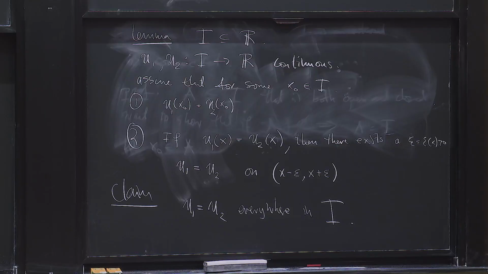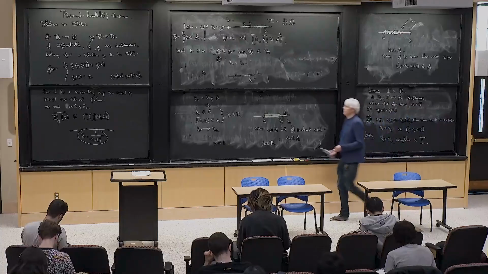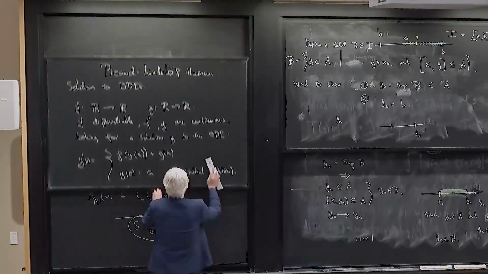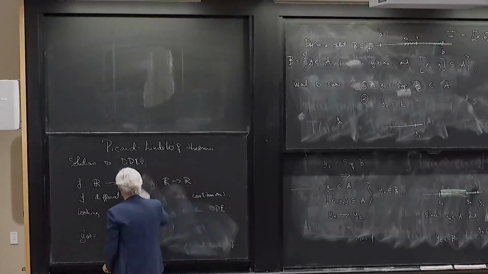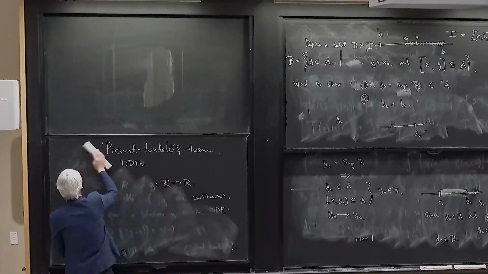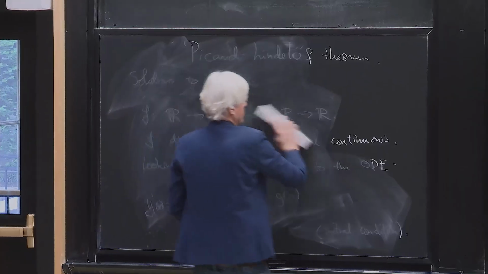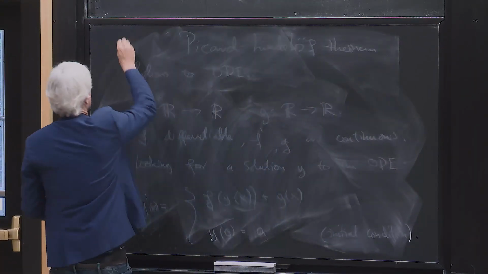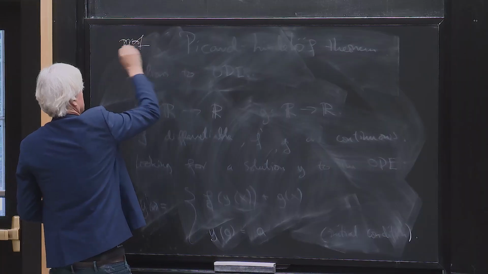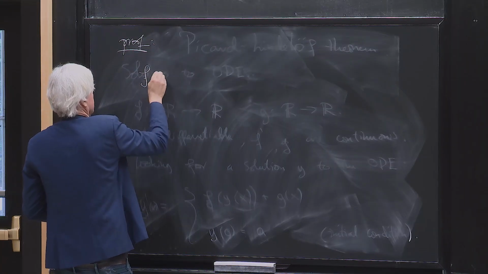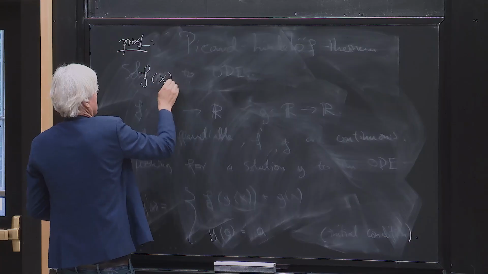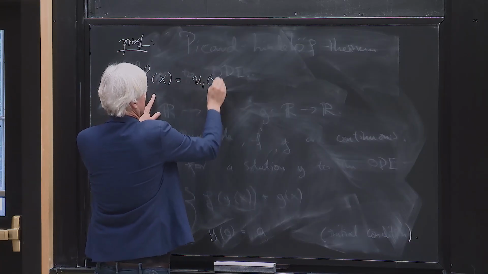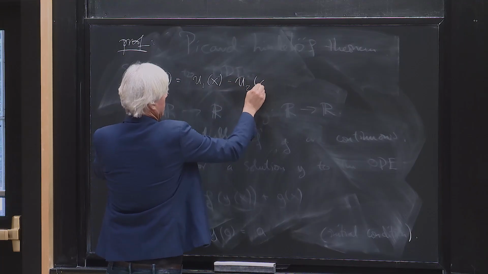Okay, that's the claim. The proof is as follows. Suppose you define a function f of x equal to u1 of x minus u2 of x.